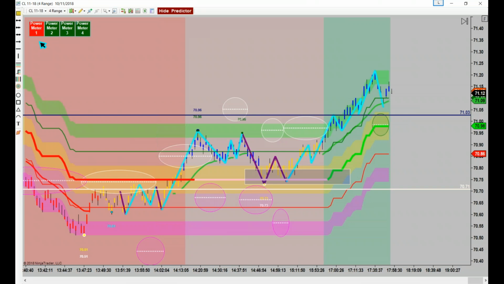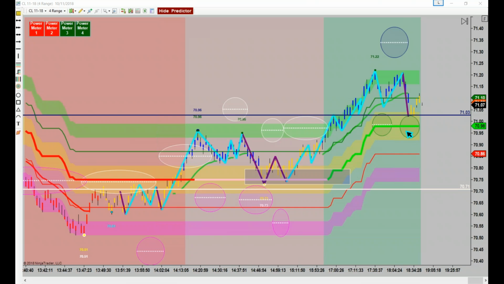Hadn't gone red on lightning 2. Still green, you're okay. See, lightning 2 held. Let me speed it up a little bit more so you can see it. Okay, you could clearly see that went red, and you would have been stopped out.